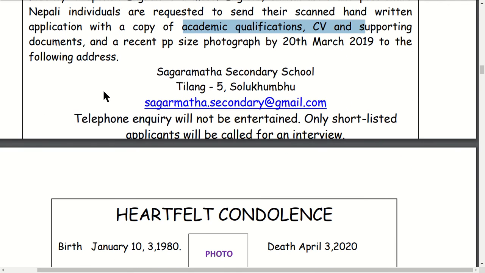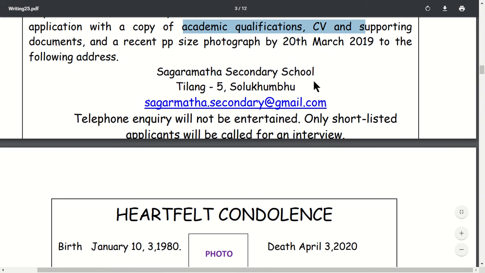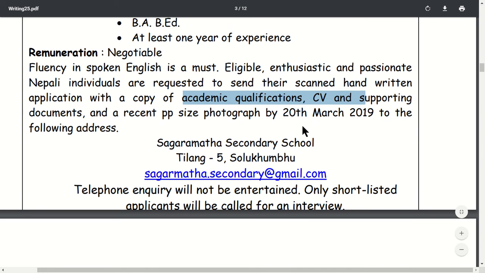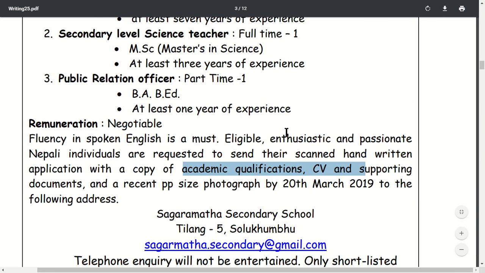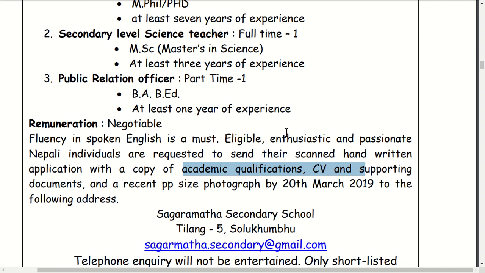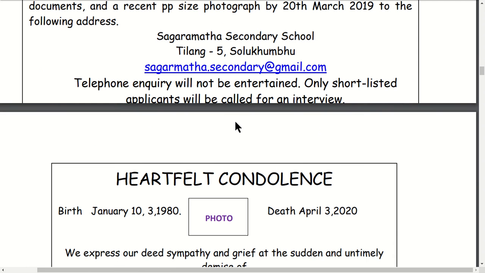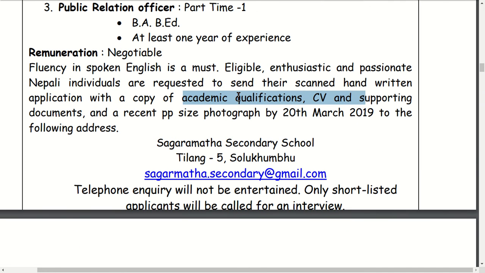You should put this information in the box, and you should follow this layout and design a vacancy announcement. This question can also be asked in the examination. Generally, I suggest you copy it down.